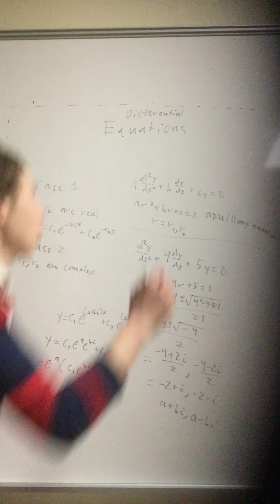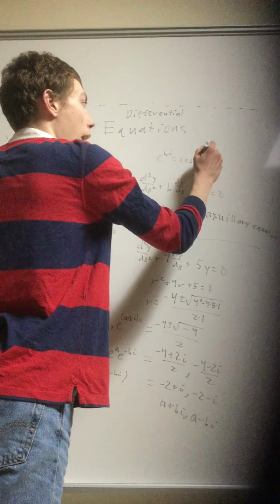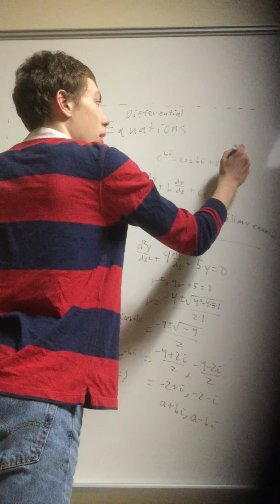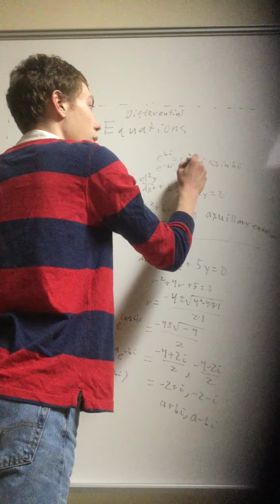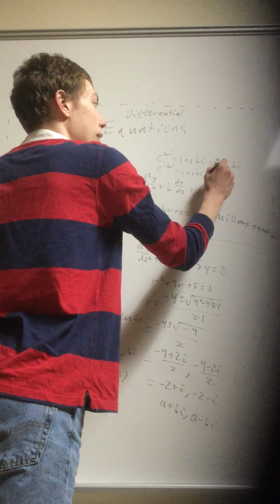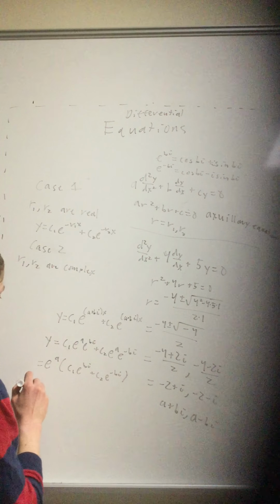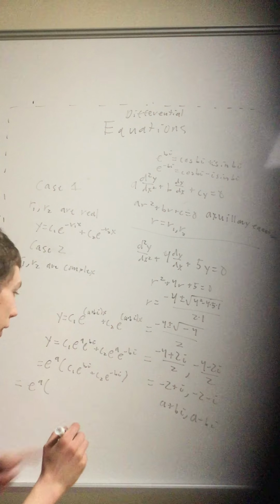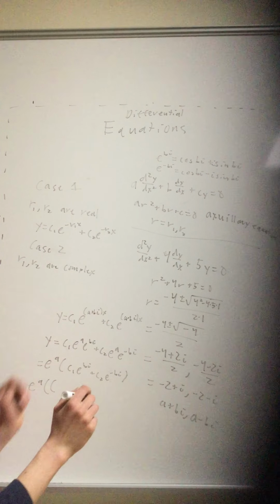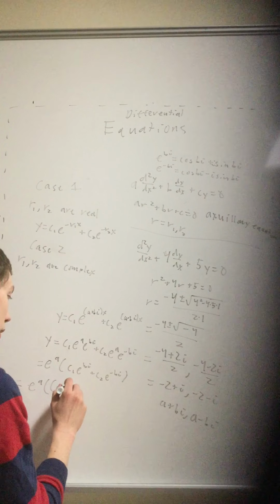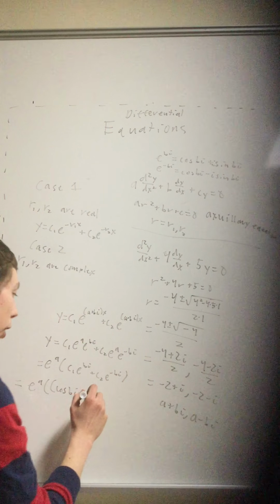So e to the bi is equal to cosine of bi plus i sine of bi. e to the minus bi is equal to cosine bi minus i sine of bi. So this gets a little busy. The proof isn't absolutely necessary, but it's kind of interesting, and it's really useful to know where it comes from. In fact, if you follow this proof, the general thing will be easier to memorize.